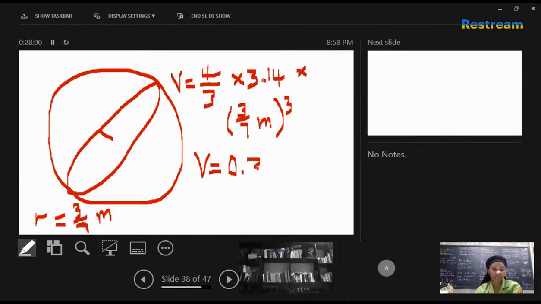You round it off to two decimal places. Yes, miss. So, oh wait, 0.32... 0.33. Yes, it's two decimal places.